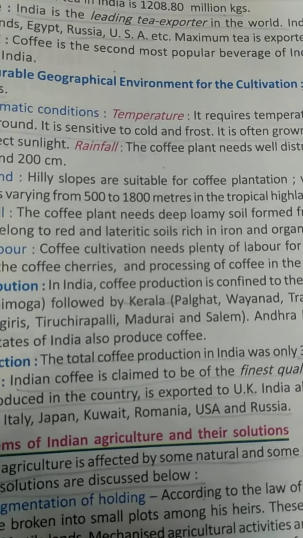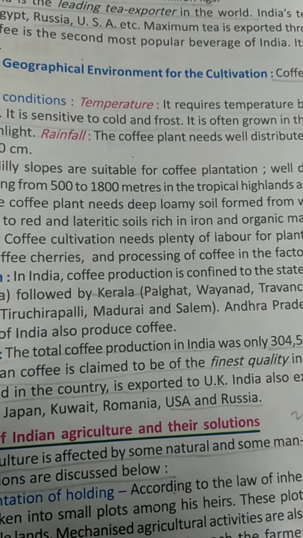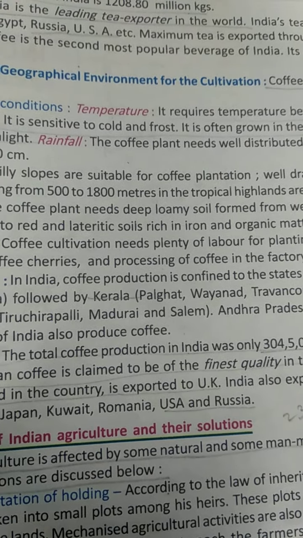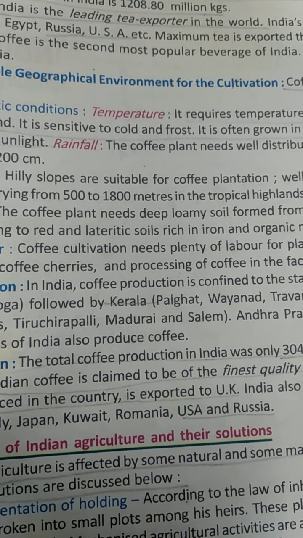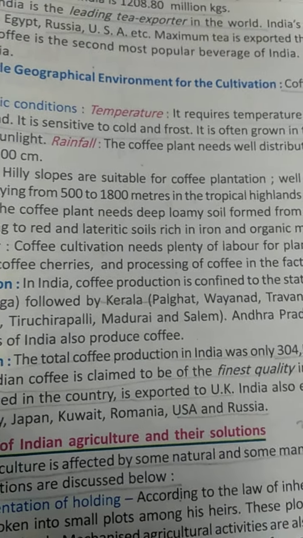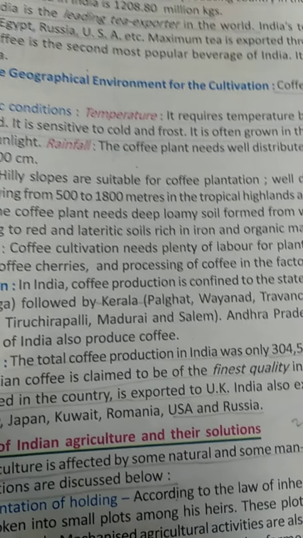Soil, loamy soil, is good if it is weathered with lava. Coffee soils of India belong to red and lateritic soil, which is rich in iron and organic matter. As it is lava, we know it is rich in minerals.